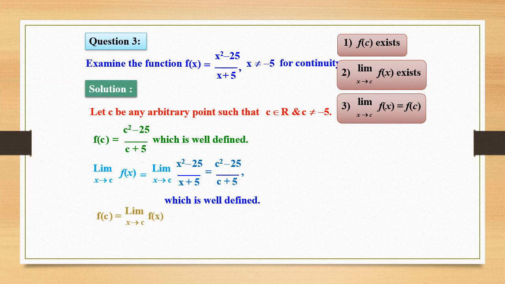Therefore, f of c is equal to limit of f of x as x tends to c, so it is a continuous function at x is equal to c. Next question.